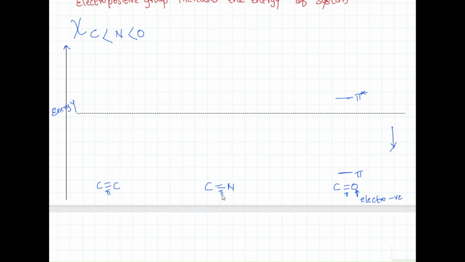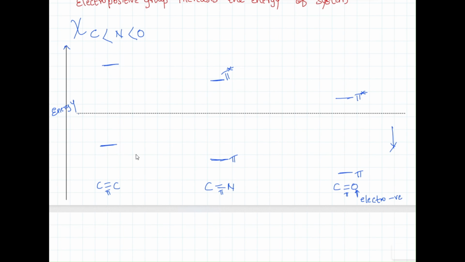Here, carbon and nitrogen are less electronegative than oxygen. Hence, it will be at slightly higher energy in the energy profile diagram. So this is pi star, and for carbon the electronegativity difference is less compared to nitrogen and oxygen, so it will exhibit higher energy.